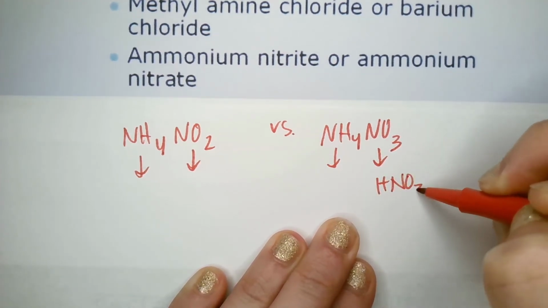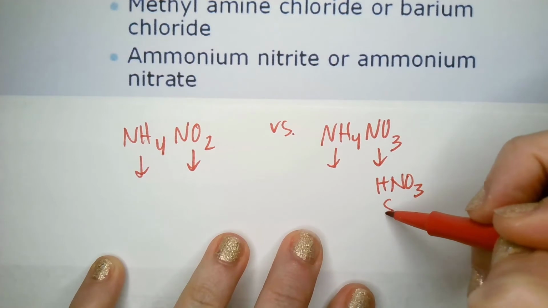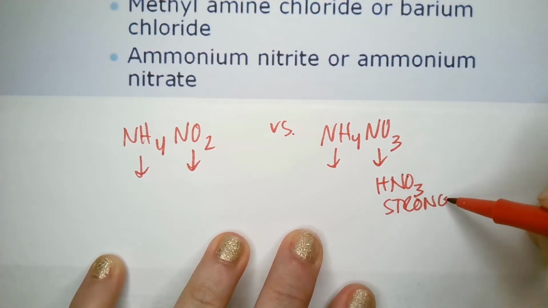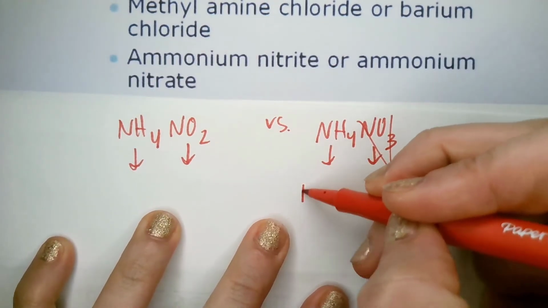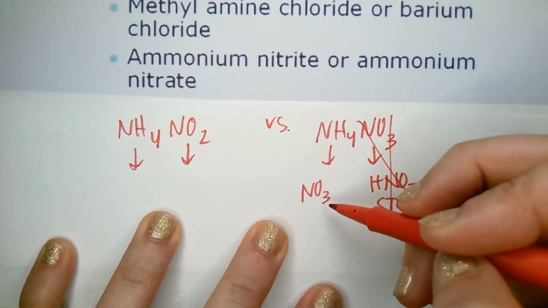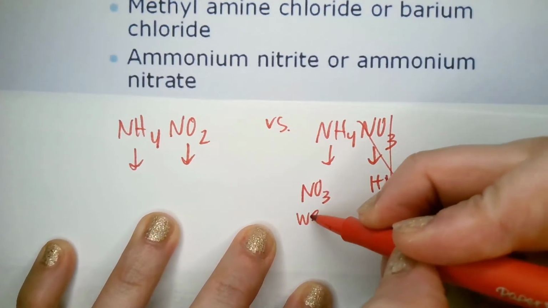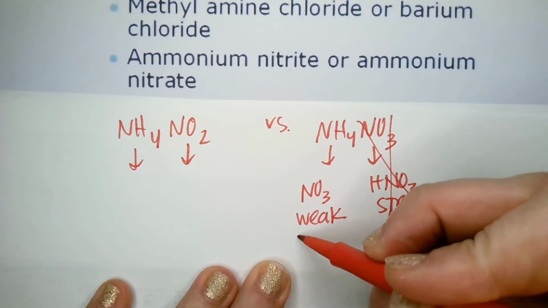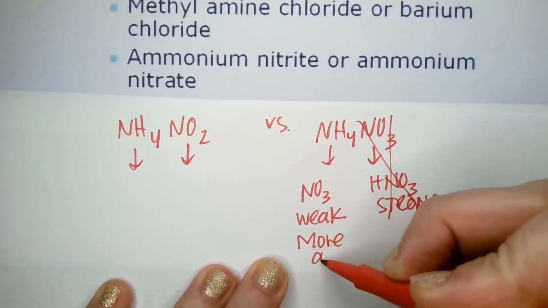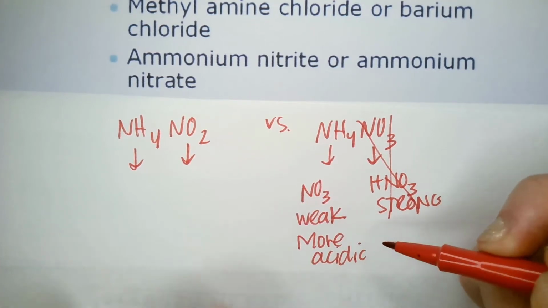The first one that sticks out to me is this NO3-, because we know that its parent acid, HNO3, is strong. So it's not going to have any effect. Now for the parent base of NH4+, ammonia, we know is weak. And we know that that's going to make this more acidic.